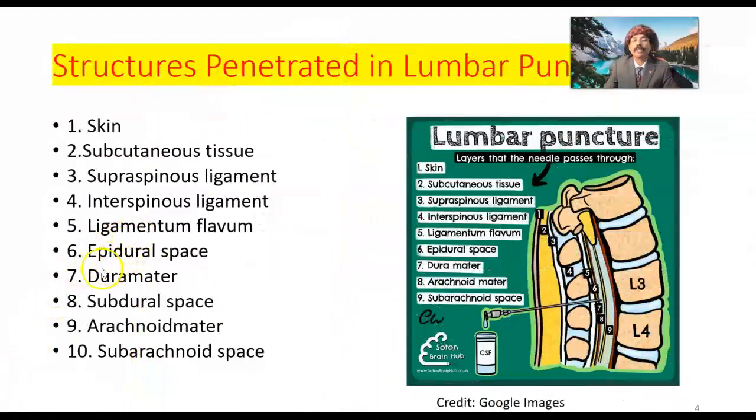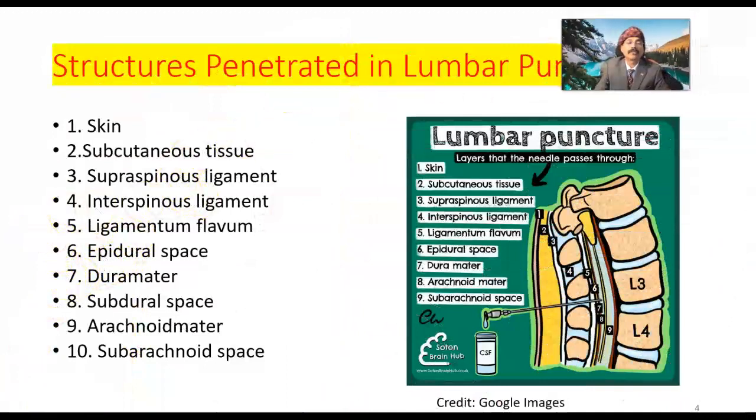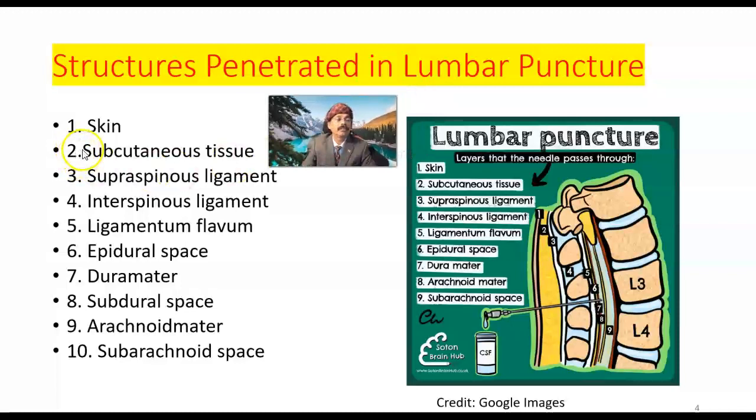Structures penetrated by the lumbar puncture. That is important to us. What structures are penetrated? Skin, subcutaneous tissue, then supraspinous ligament, then interspinous ligament, ligamentum flavum, which is related to the lamina of the vertebra, epidural space, dura mater.